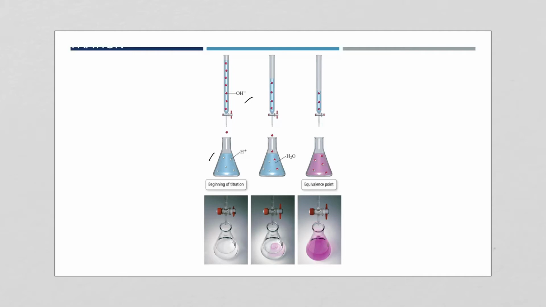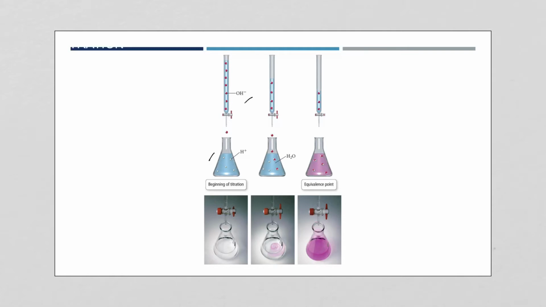Of course, in the beginning part of this titration, we're going to be at a very acidic pH, because we have predominantly acid in our flask. As we neutralize the acid away, the acidity is going to go down, meaning the pH is going to go up, because we're lowering the concentration of the acid as we neutralize it.